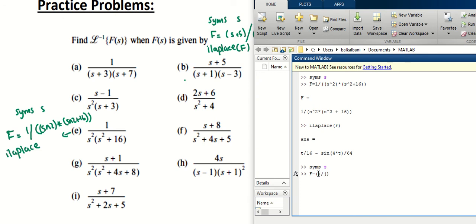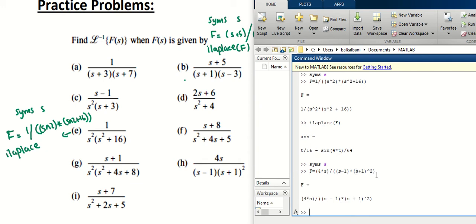In the numerator we have 4 multiplied by S, and for the denominator we have first bracket S minus 1 multiplied by the second bracket, and this second bracket is to the power 2, so it will be S plus 1, okay, enter. So ILaplace of capital F, enter.